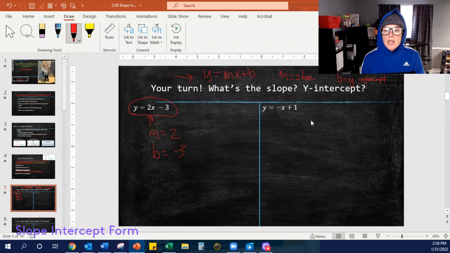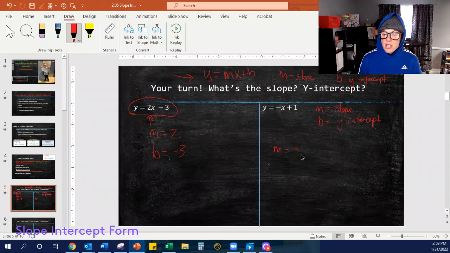Now, same thing over here. Remember, my m is the slope, and it's the number in front of the x, and my b is my y-intercept, or where it crosses the y-axis. If there's no number in front of an x, it's like that little invisible 1.